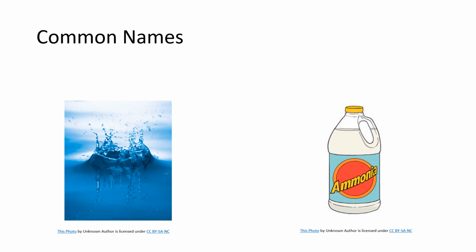The first of these 2 compounds is water, and the second is ammonia. So the official name for NH3 is ammonia, not nitrogen trihydride. And the official name for H2O is water, not dihydrogen monoxide.